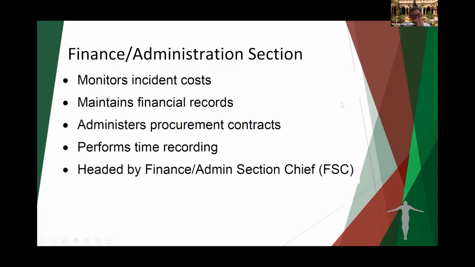And finally, the finance and administration section monitors incident costs, maintains financial records, administers procurement contracts, performs time recording, and by the way, I forgot to write here, even claims and legal services.